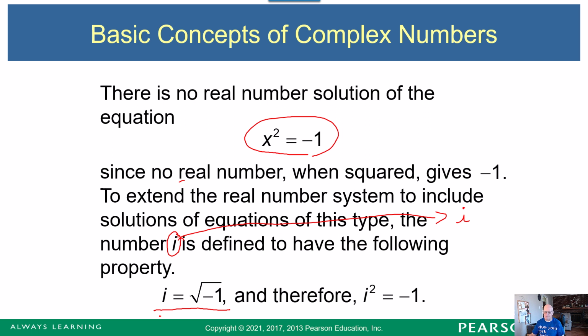Remember that. But also at the same time, remember what that says about i. It means when we square it, we get -1, something we can't do with any other real number. But remember both those concepts because they're both handy when working with complex numbers.